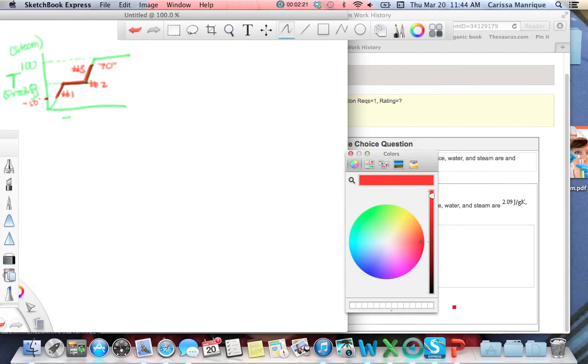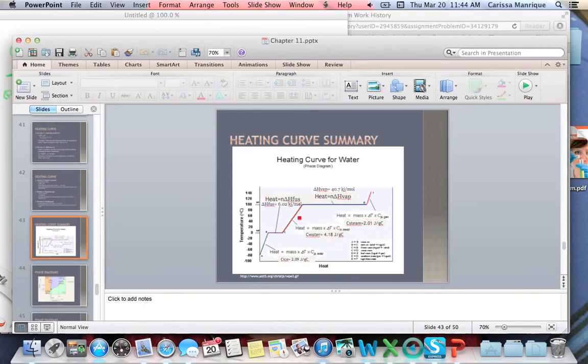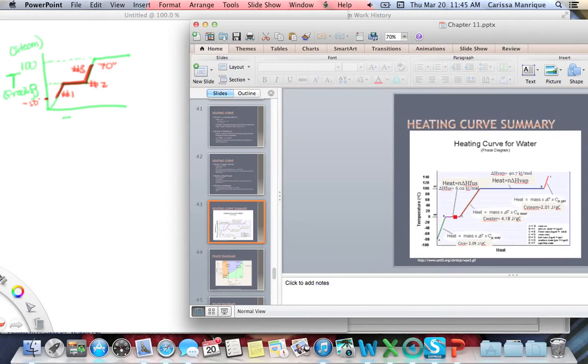Now let me show you the slide here. Here's a good example of all the formulas you could use. Do you see this green area is 1, then we have purple, then red, then blue, and red. So we're going right here at about negative 50. It says the formula to use for area A is Q, or heat, equals mc delta T. Because you look here, here is the temperature, we lined it up, and it's about right in here.